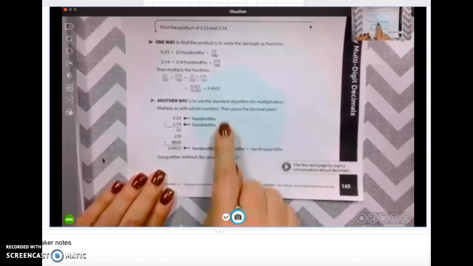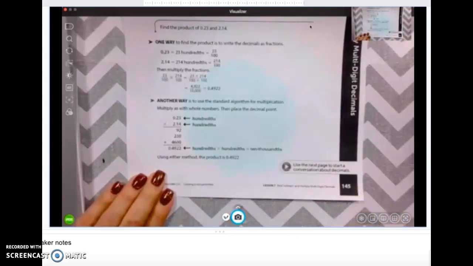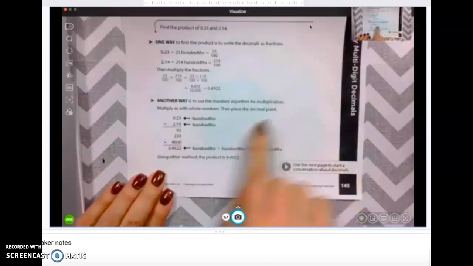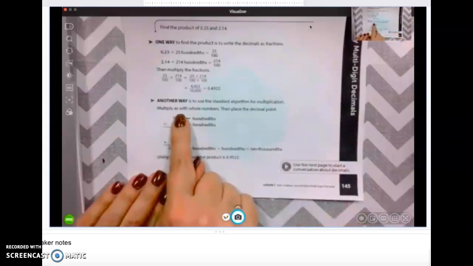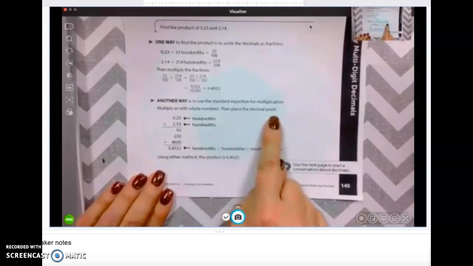And that's where we use a standard algorithm. Remember that an algorithm is a set of rules that we're going to go through and do to find the answer. So multiply the same as how you would multiply whole numbers, and then place the decimal point in the correct spot.